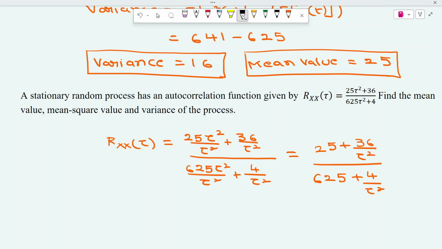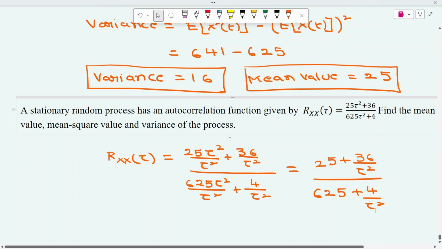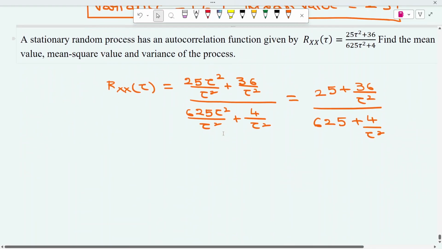The tau square gets cancelled. So this is the autocorrelation function after dividing by tau square in both numerator and denominator.